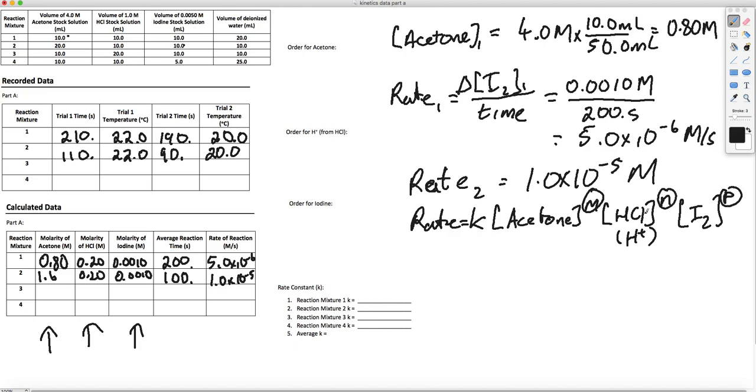You can see that if the concentrations of the HCl and the I2 are the same, then those are going to end up cancelling, and all we'll be left with is what's going on with the acetone. So here's how we do that.